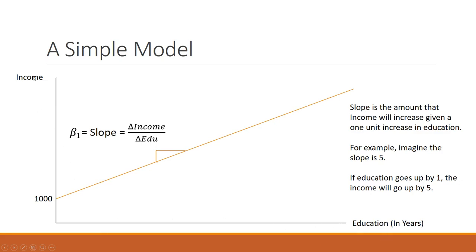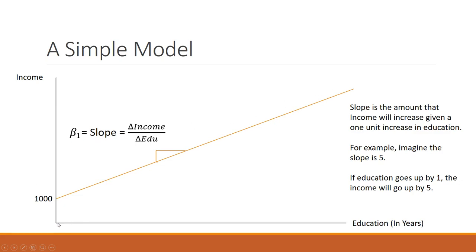Income is measured in dollars, let's say, and education in years. We're saying that income is a linear function of education. That means it's a straight line. As you increase education, you increase income by a fixed amount. Every increase in education increases your income by the same amount, and so there's a linear line.